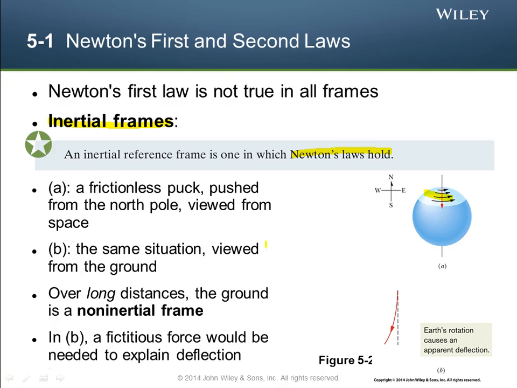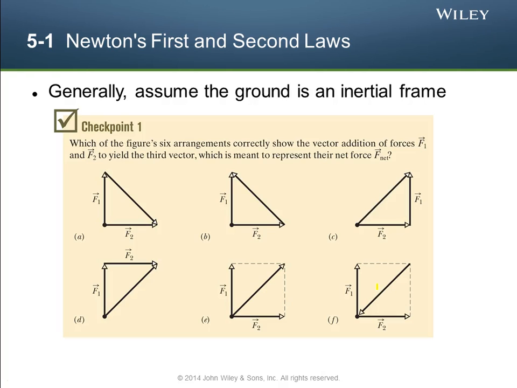It makes it look like there's a force happening, but really all that's happening is that the Earth is rotating and the puck is continuing with its inertia. From our reference frame, because we're rotating with the Earth, it looks like the puck is deflecting, and there's some fictitious force. So we say that it is not an inertial reference frame because Newton's laws do not hold up.